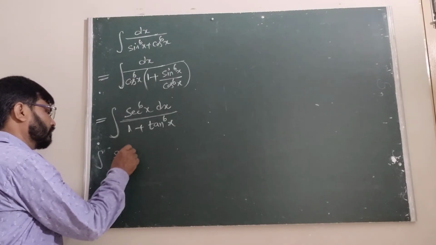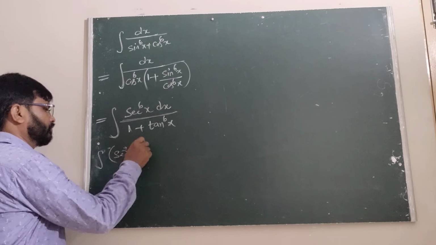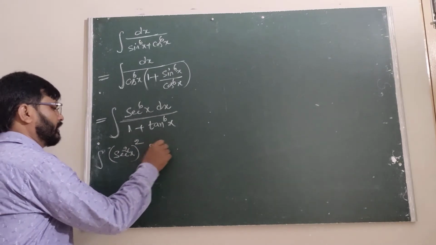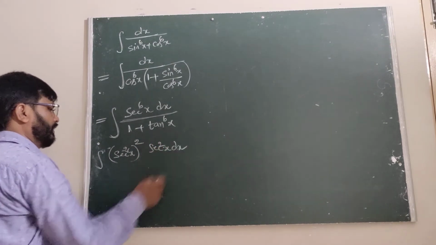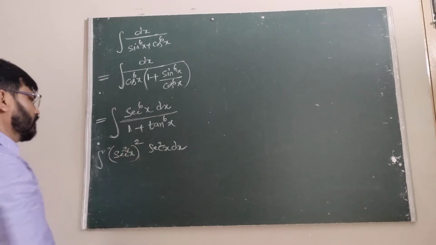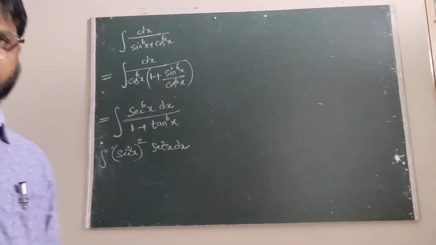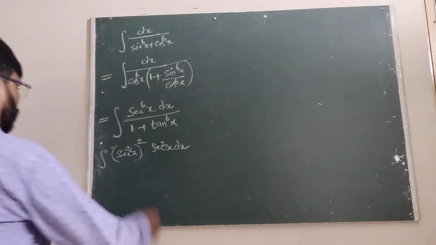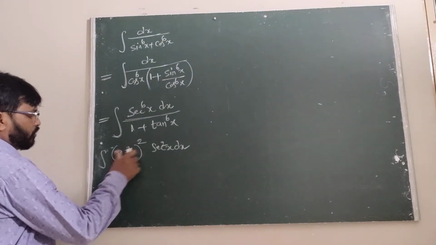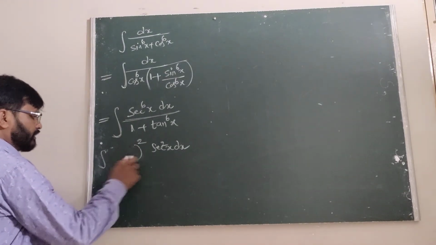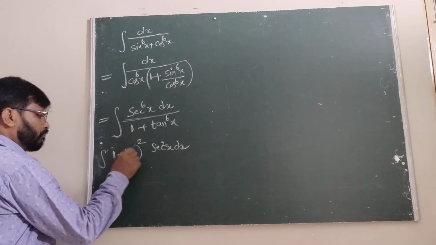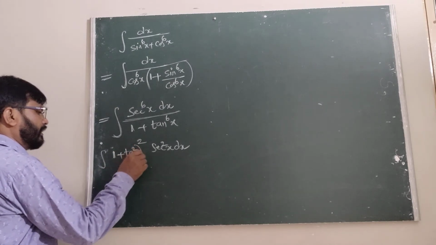Then you can write this, as we know that the derivative of tan x is secant square x. Now this can be written as secant square x whole square into secant square x dx. We also know that secant square x is 1 plus tan square x.